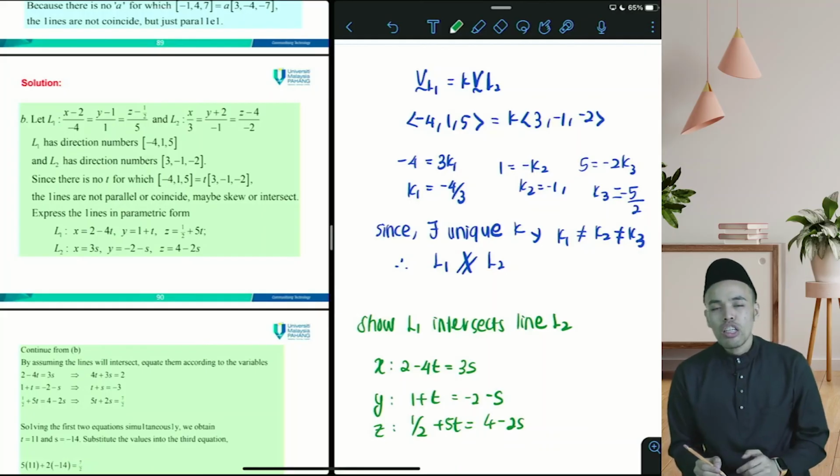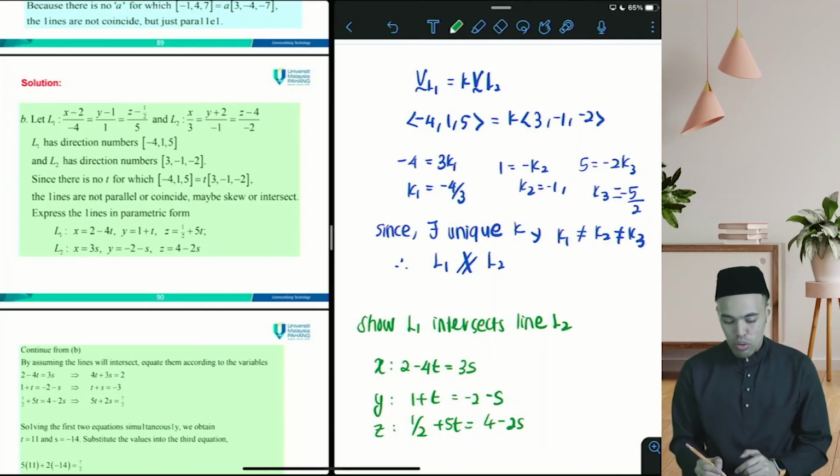As you can see from these three expressions, you have two unknowns such as unknown t and unknown s. So right now, in order to determine unique value of these two unknowns, you have to at least find two equations since you have two unknowns.